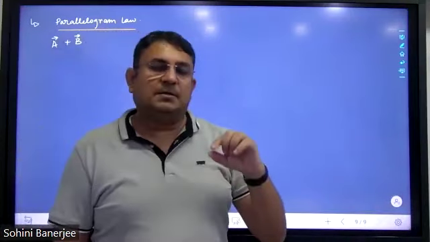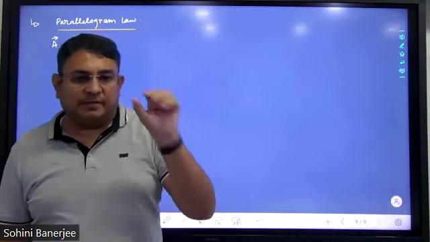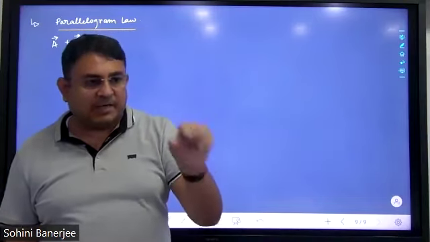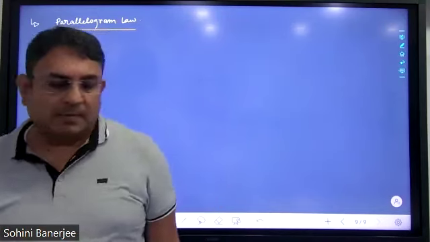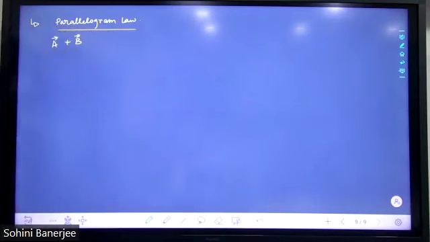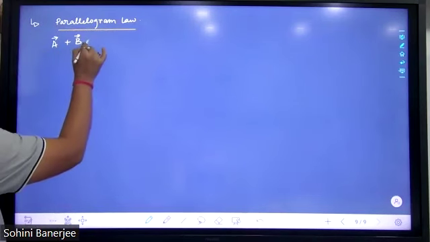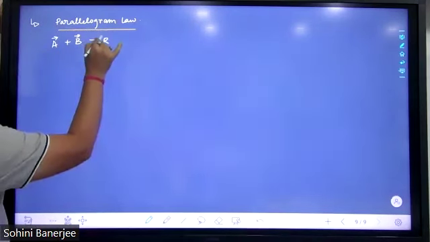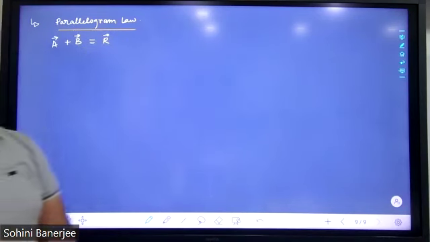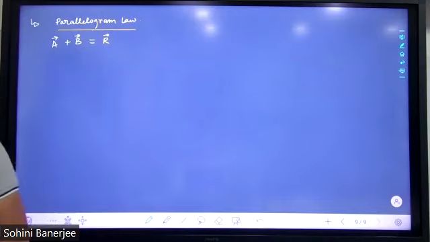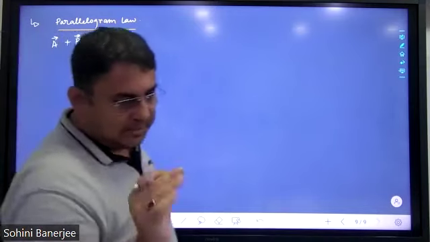So now we'll learn how to get a single vector by adding two vectors. Here, A and B are two vectors which are added. Just like any addition, adding two vectors we receive a single vector. Right? Samyukta? Adding two quantities we receive a single quantity.